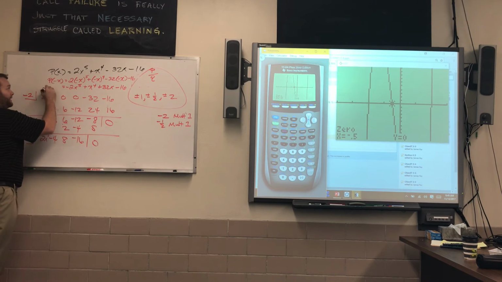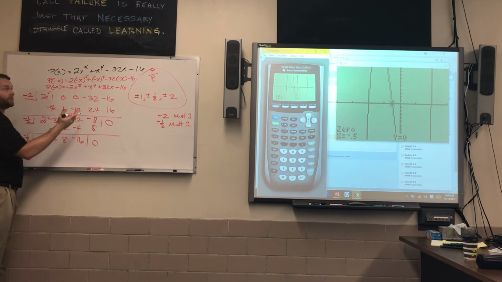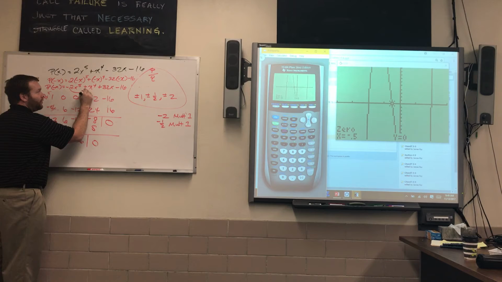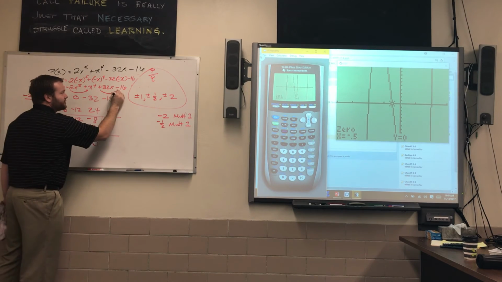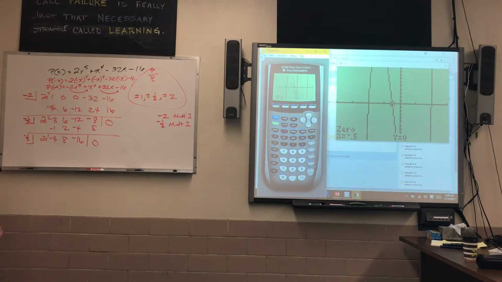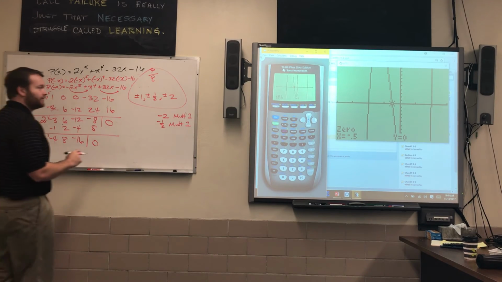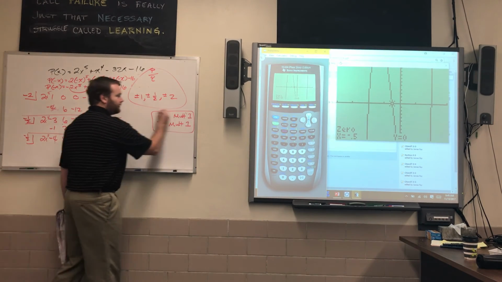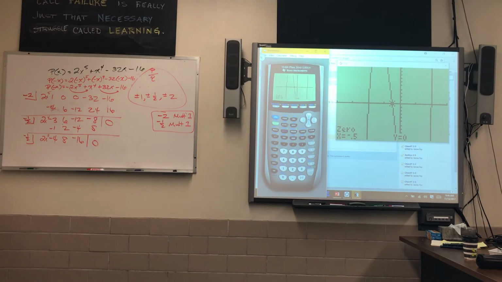We're talking about p of the opposite of x. This is Descartes' rule of signs. There's 1 sign change and there's 2 sign changes, right? So what that tells me is you either have 2 negative zeros or you have 0 negative zeros. There's our 2, right? Does that make sense?